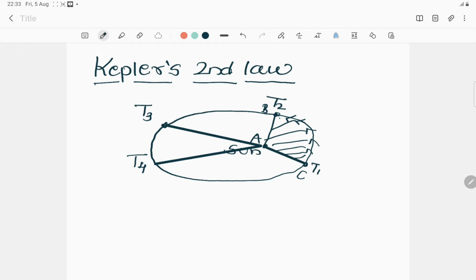So if modulus, now what is a modulus? Modulus always gives me a positive value.